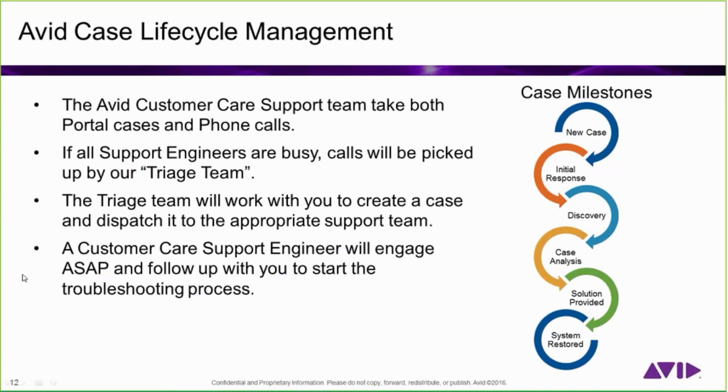Jerry's asked another question here, which is, are ACSRs and resellers given any sort of priority in the web portal or phone system? And the answer to that is, to some extent, the main priority is done via the type of support contract that is owned, that the case is being created against.